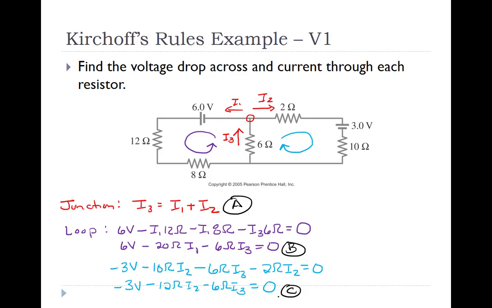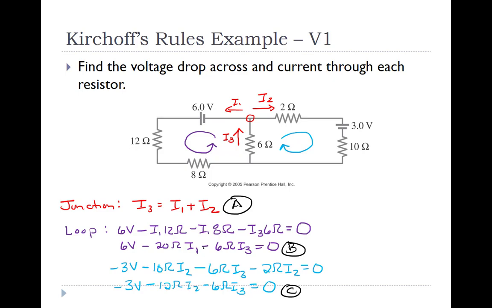Okay. Now what I have to do is think about a way to solve these simultaneously. I need to know what is I1, I2, and I3. So when I do this, what I see is that I have equation B, which is in I1 and I3, and equation C, which is in I2 and I3. I can use equation A to rewrite B in terms of I2 and I3.